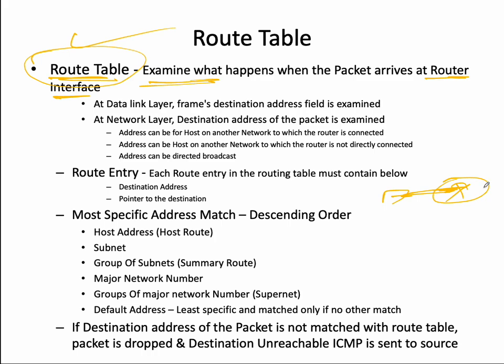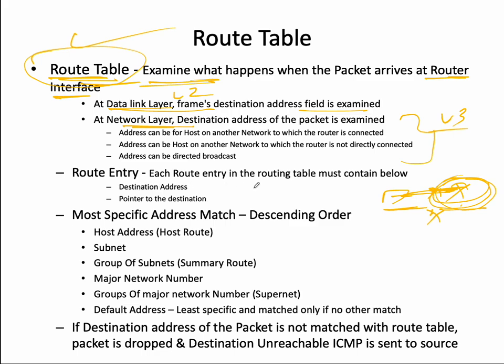So what should the router do at this interface, right? And how does it determine that? It takes a look into the routing table. So the data link layer frame's destination address is examined, and at the network layer, remember routing only understands layer 3, the network layer. Data link layer is layer 2. The destination address of the packet is examined, right? So what is the destination address of this packet? If it does not exist in the routing table, it simply drops it.